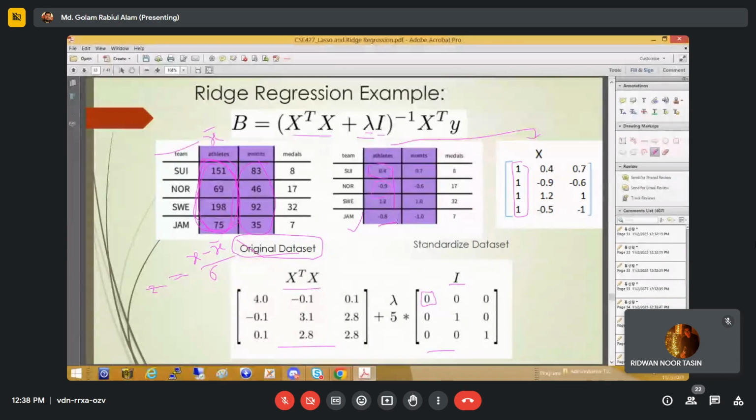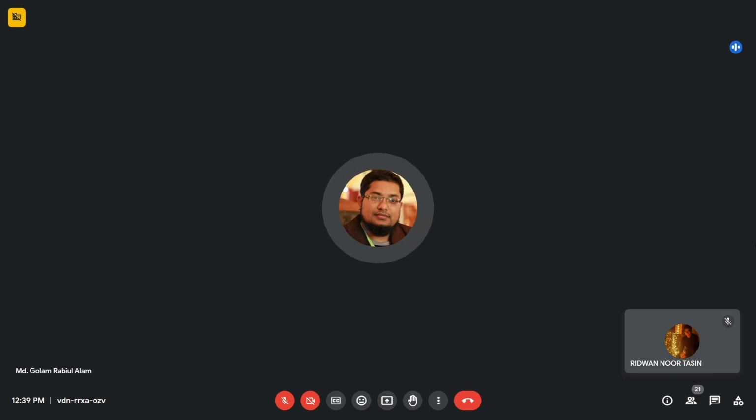Next, we have to consider another feature. Similarly, we have to standardize this: at first find the mean value and then divide by the sigma.